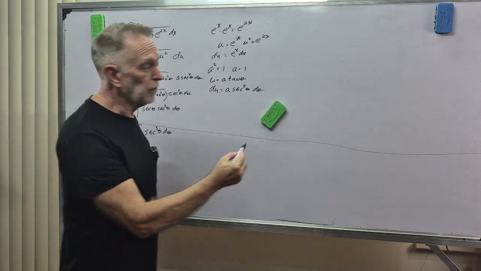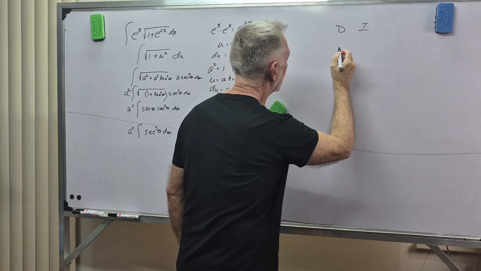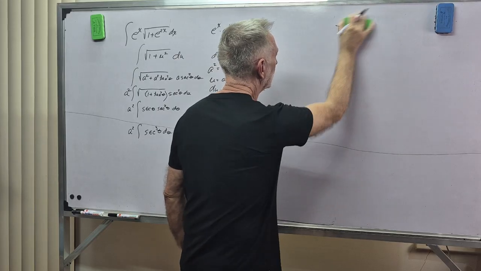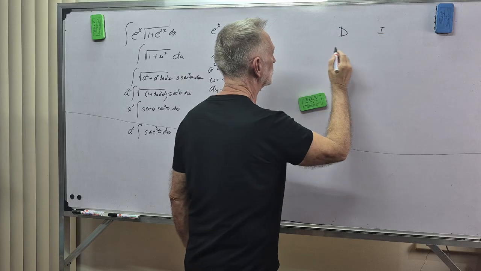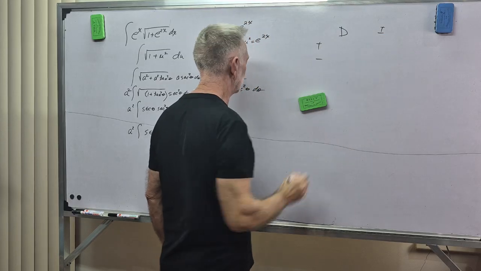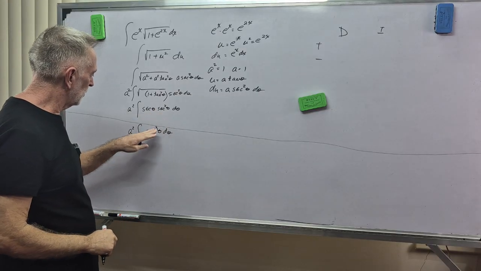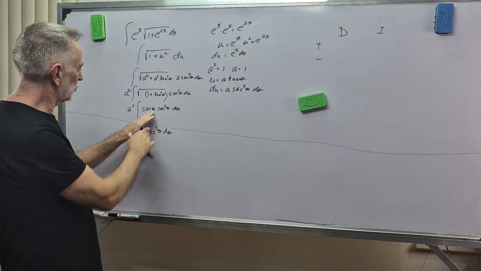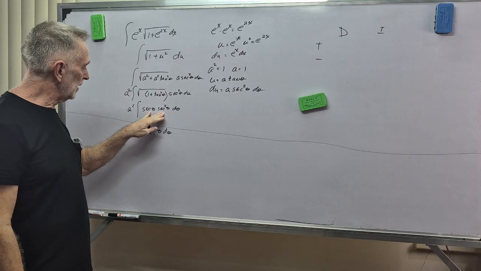All right, let's go over here and do a DI. I should separate those out. So we're going to do an integration by parts, plus minus. Which term can I integrate easily?